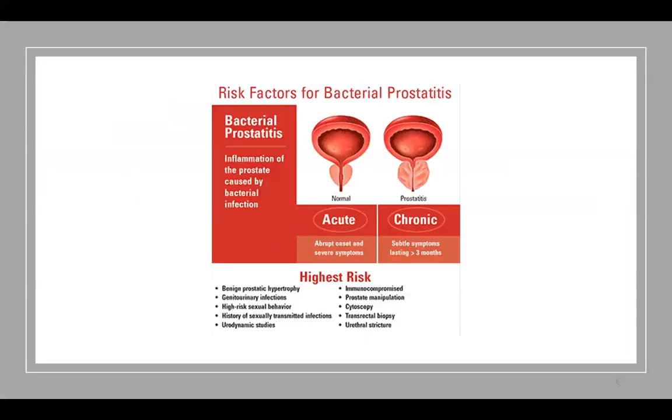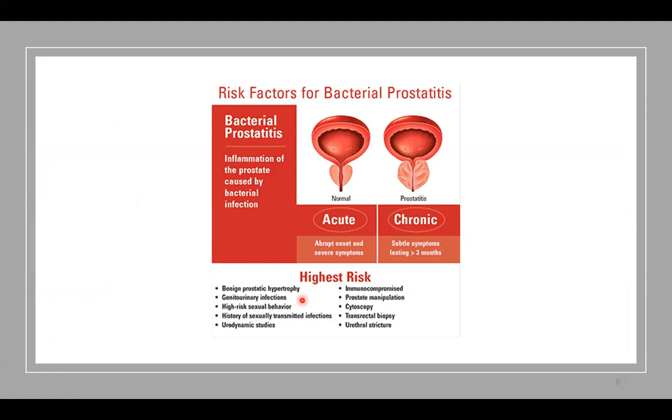So what are the risk factors? The highest risk factors are, as listed here, benign prostatic hypertrophy, which results in some form of obstructive uropathy. So it allows organisms to replicate.